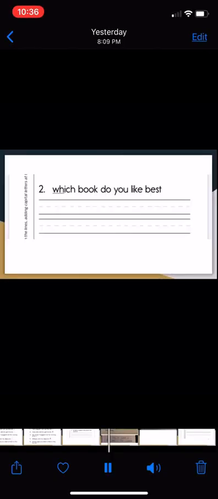Number 2, which book do you like best? What is wrong with the beginning of the sentence? You're right. The w is lowercase, and at every beginning of a sentence, the letter needs to be capital. What else is missing from the sentence?